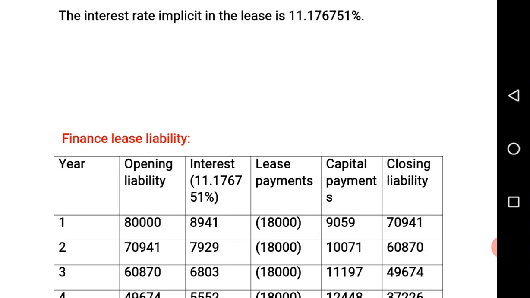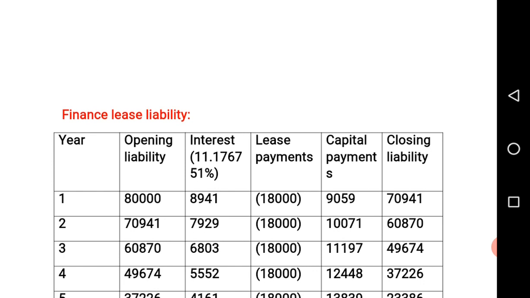We have 11.17675% of 80,000 naira. It gave us 8,941 naira. So how we would calculate this would be 80,000 naira times 0.1117675. So we could round up that.